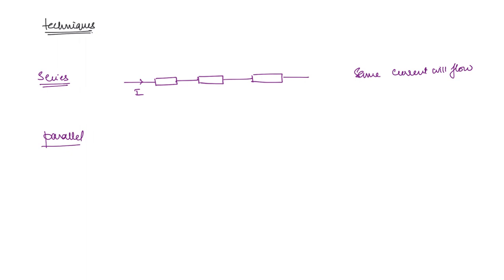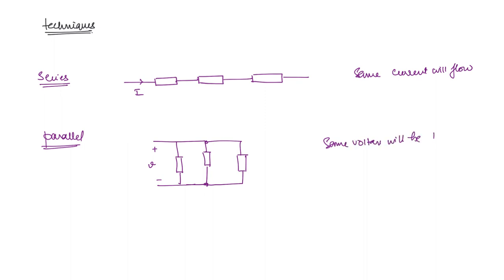In a parallel connection, we have the same voltage across all of the elements, since both of the terminals are connected to the same point. Same voltage will be present.